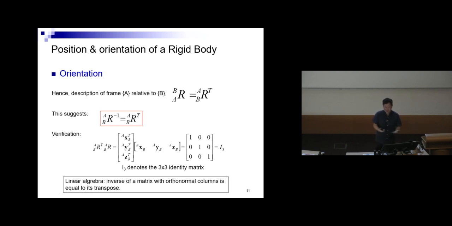This identity matrix is I3. The 3 over here simply implies that it's a 3 by 3 matrix. So the inverse of a matrix with orthonormal columns is equal to its transpose. Okay?